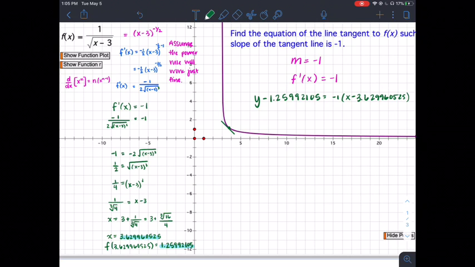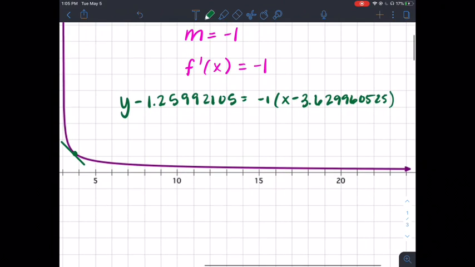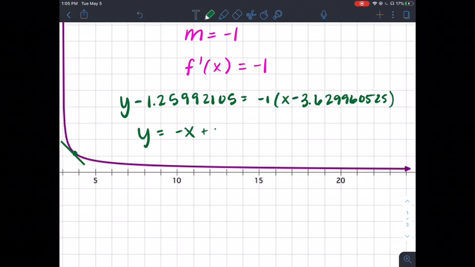And we could round these. That's fine. I'm just going to be exact, but we could round these. Typically in calc, you'll round to 3 decimal places, the nearest thousandth. But we would get -x plus 3.629960525 plus 1.259921050.